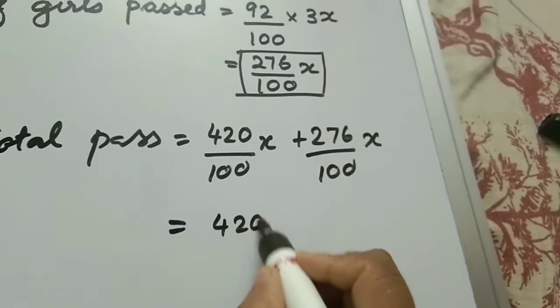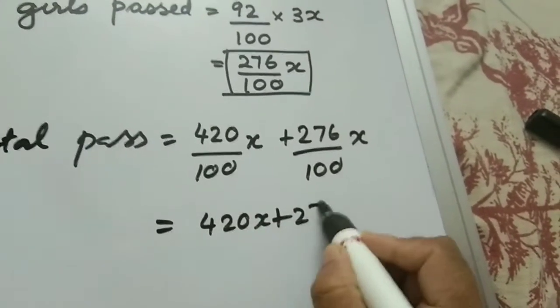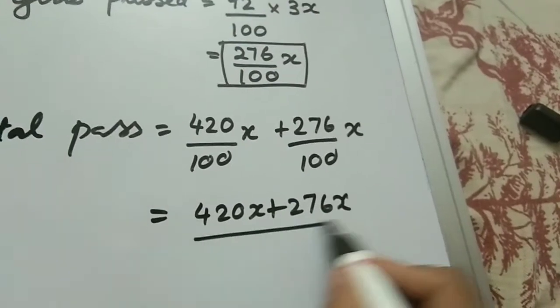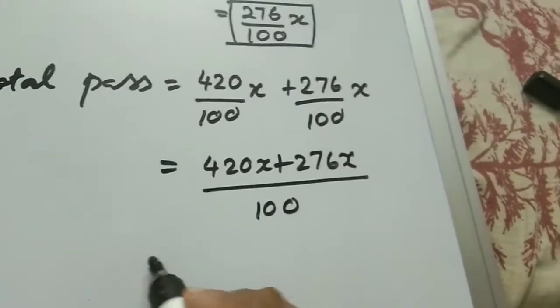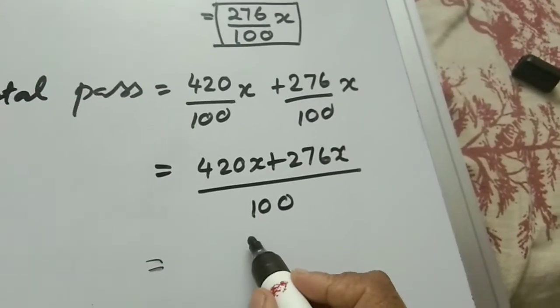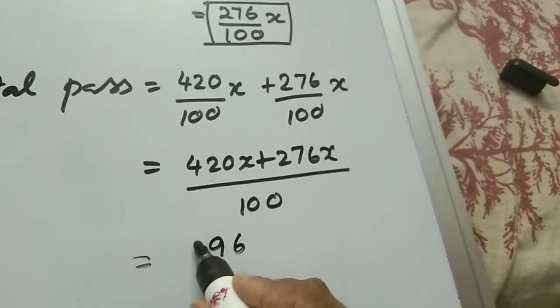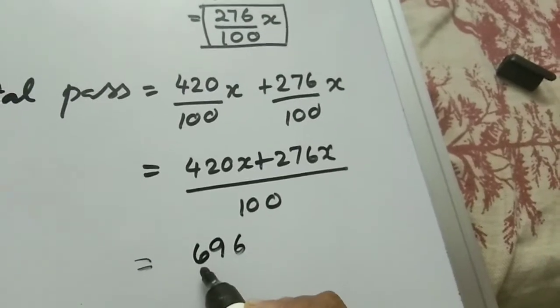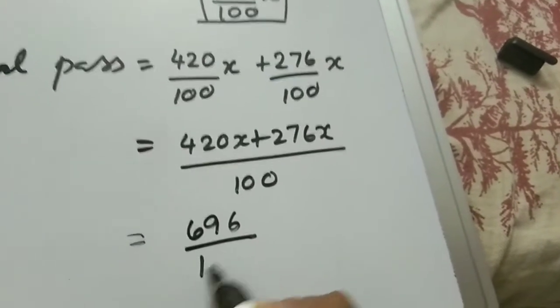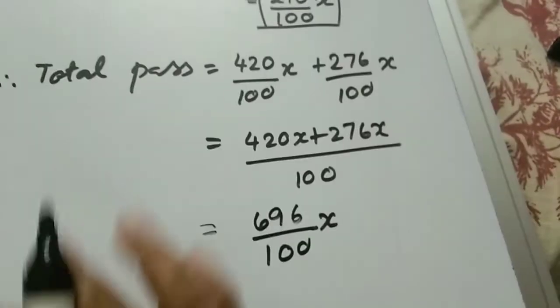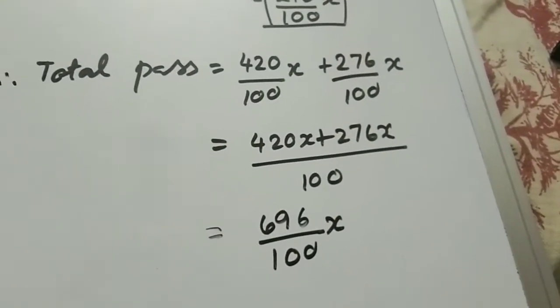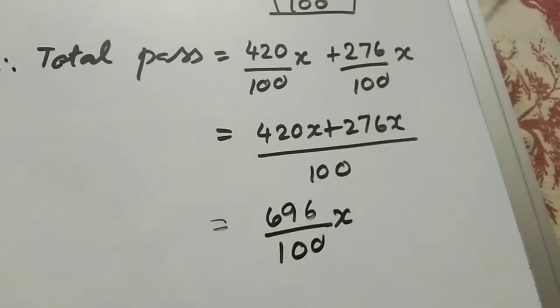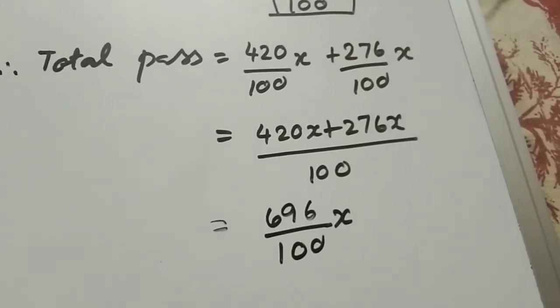So, we are getting 420x plus 276x, the whole divided by 100. These two are like terms, so therefore we can add them. So you get 696 by 100x. So this is the total pass. So now we have to find what? To find the pass percentage.